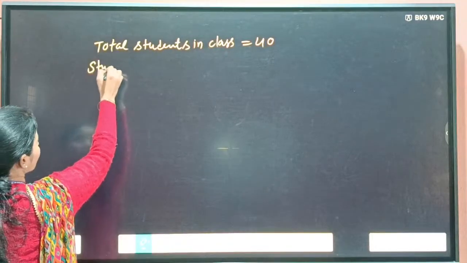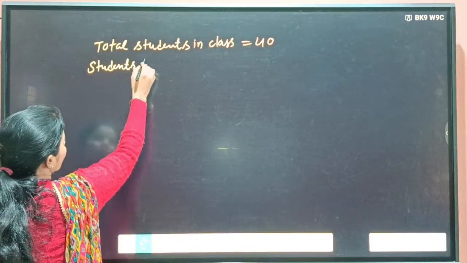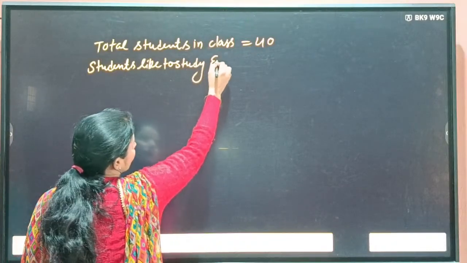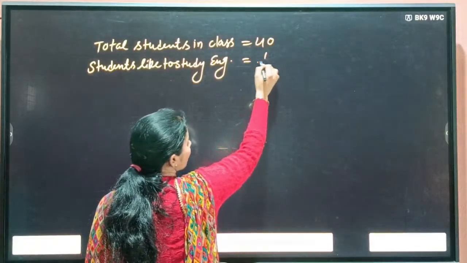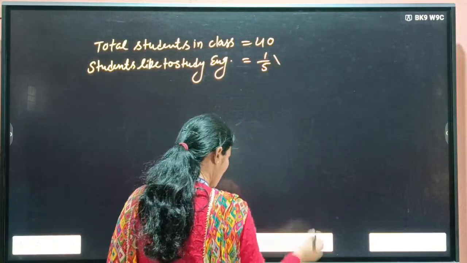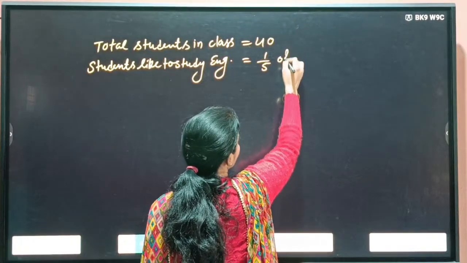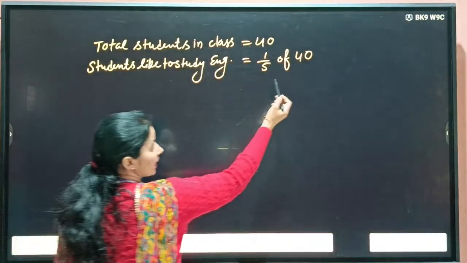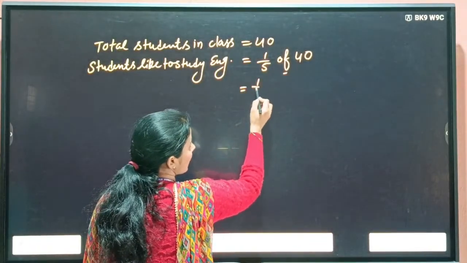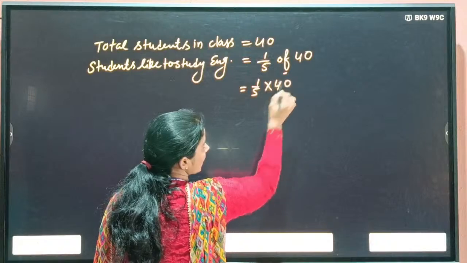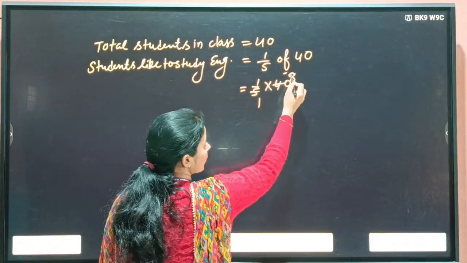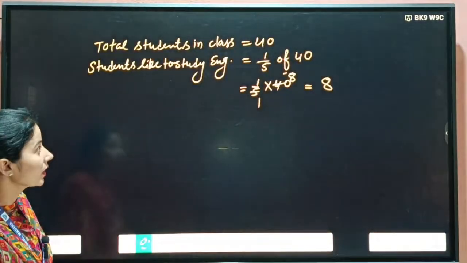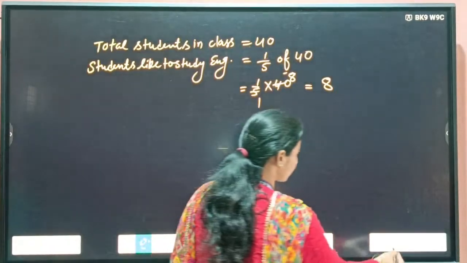Students who like to study English are 1/5 of total. Of means multiplication, so 1/5 into 40. 5 ones are 5, 5 8s are 40. So 8 students like to study English.